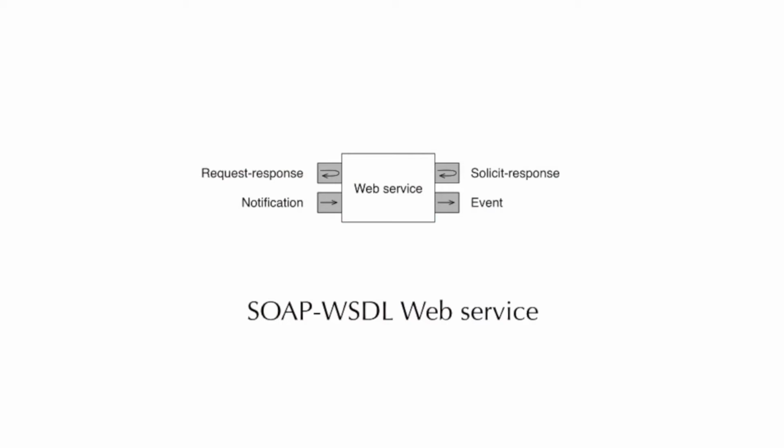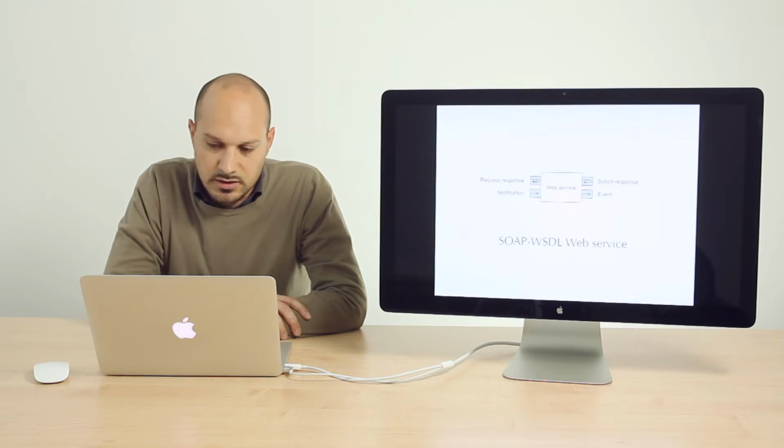We have the classical request-response and the notification messages. Then we may have a solicit-response and the event messages. The first two, the request-response and the solicit-response operations, are the traditional synchronous operations, while the notification and the event are asynchronous messages.